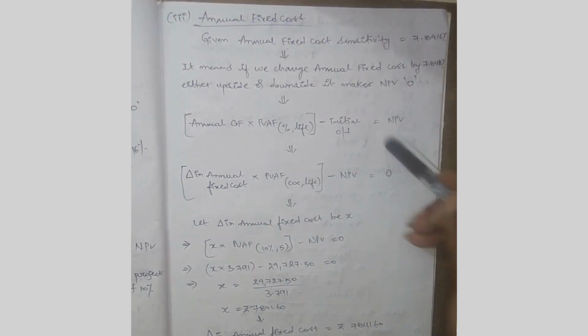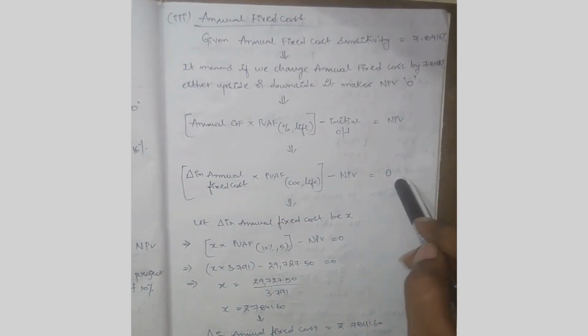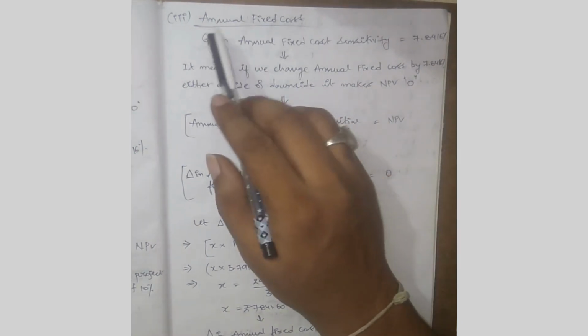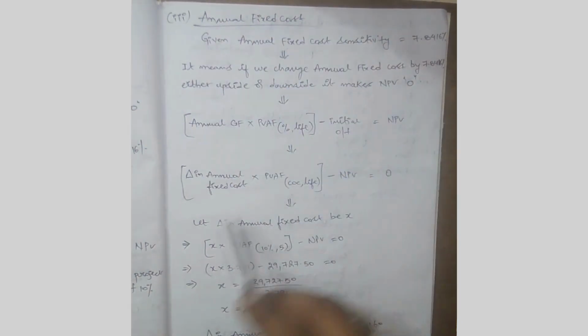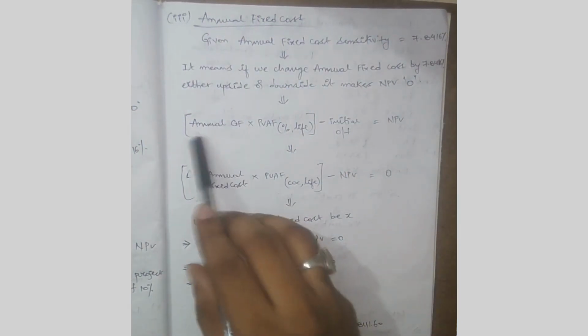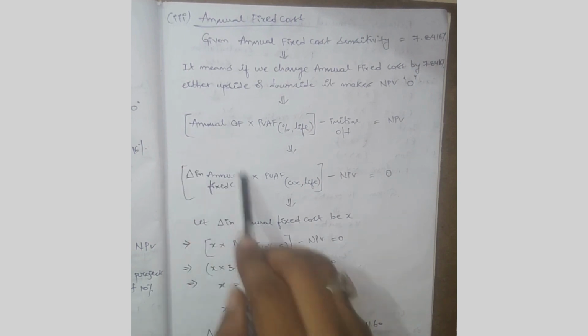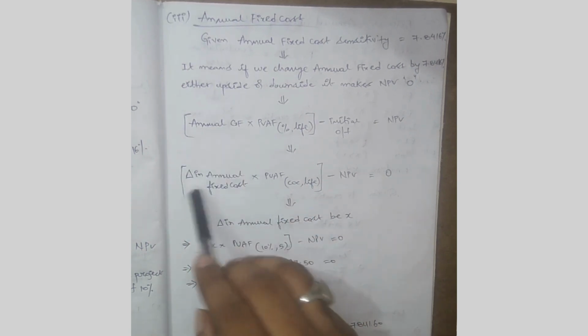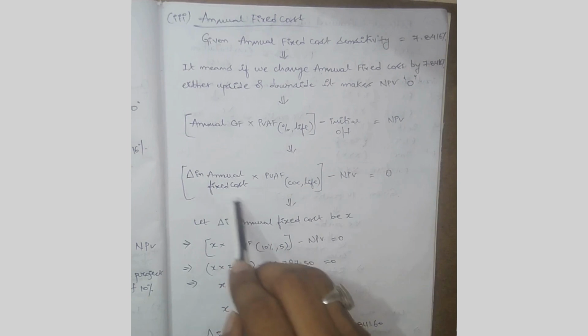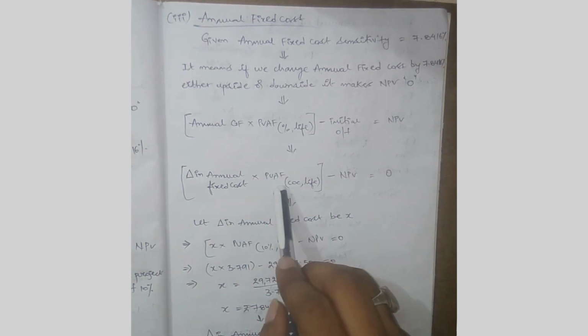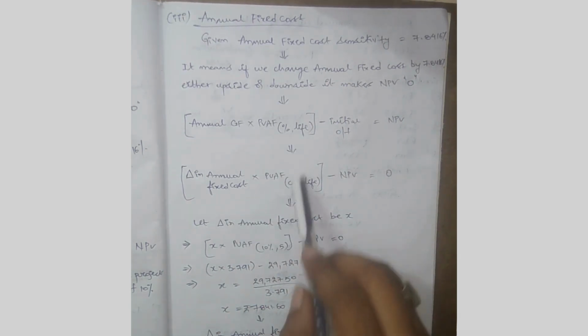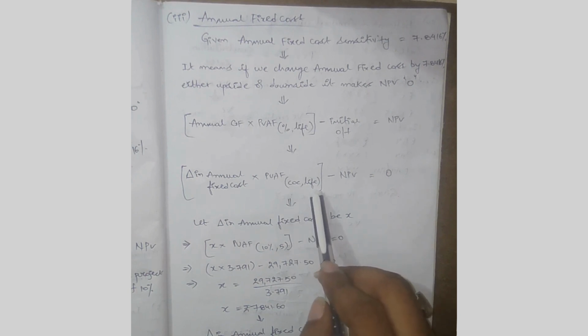Similarly, we substitute the same equation with the given figures to solve for the annual fixed cost. Here we substitute annual cash inflows with the change in annual fixed cost, and the present value annuity factor with the factor for the cost of capital and life of the project.